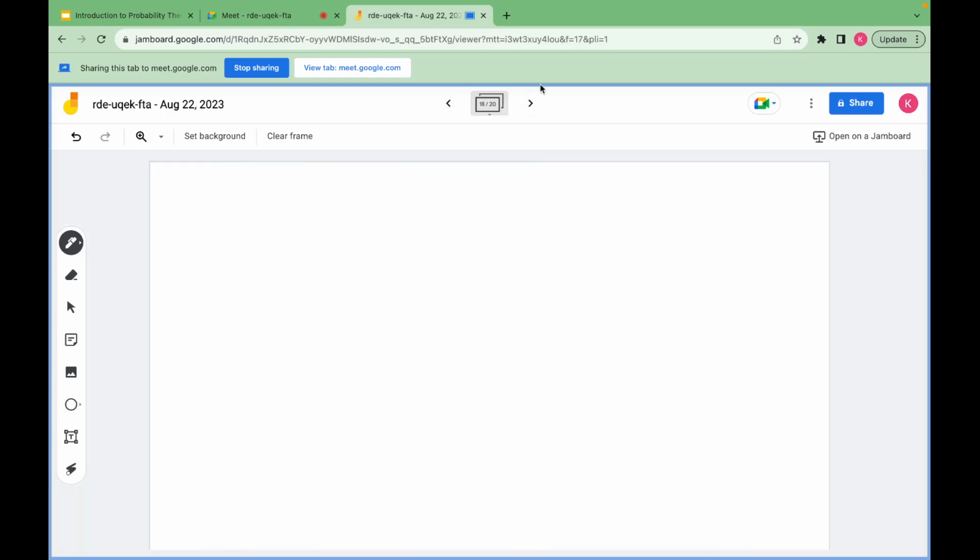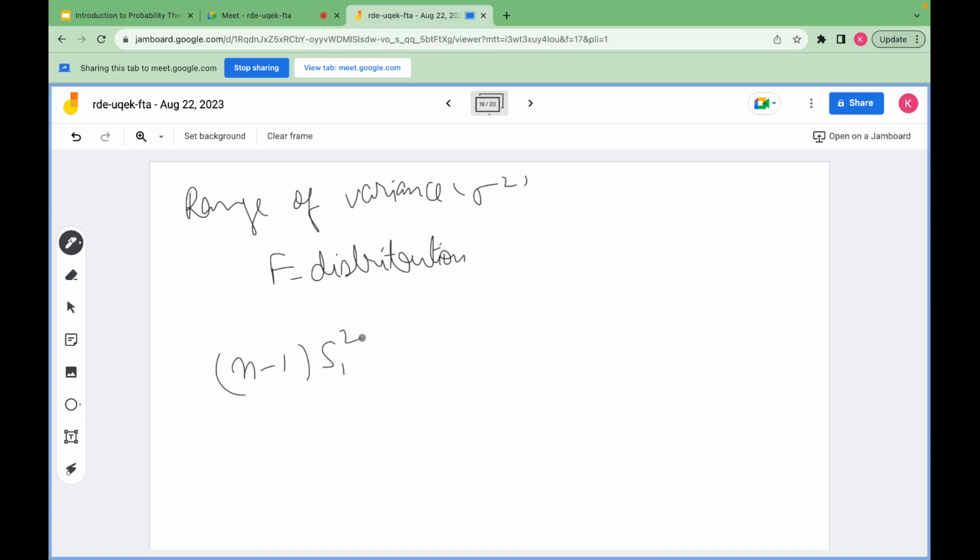Now if we want to find the range of the variance, then we use the chi square distribution, not the F distribution. So n minus 1 s1 square divided by chi square with n minus 1 degrees of freedom.